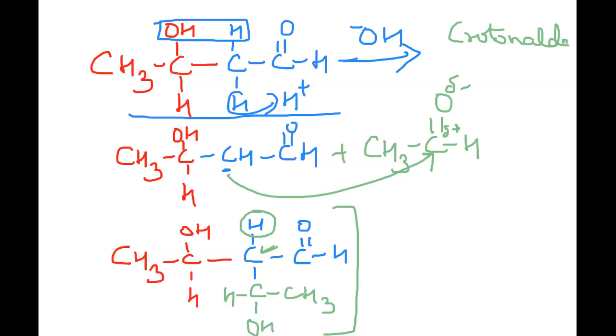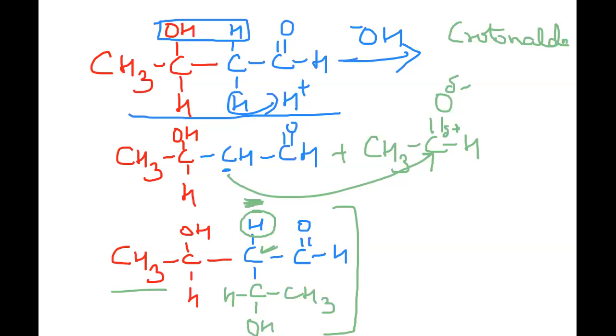You see all these, the red one, the green one, and the other one that will be added on this side, can all show alpha beta unsaturated compounds, and it is going to result in the formation of resins. So this is the aldol condensation that we know about. Now the condensation is promoted by the minus I effect, and it is reduced by the plus I effect on the carbonyl carbon.